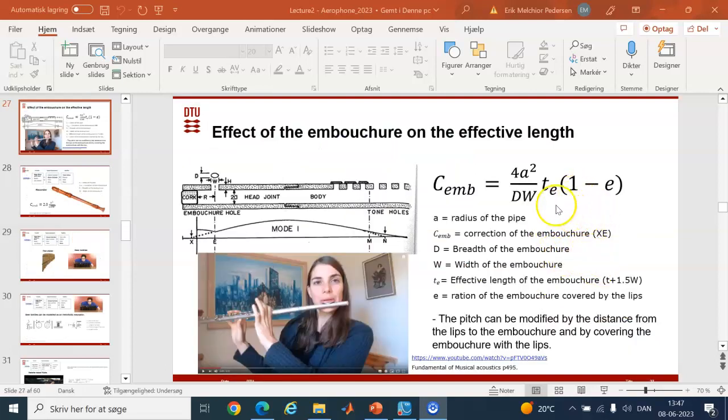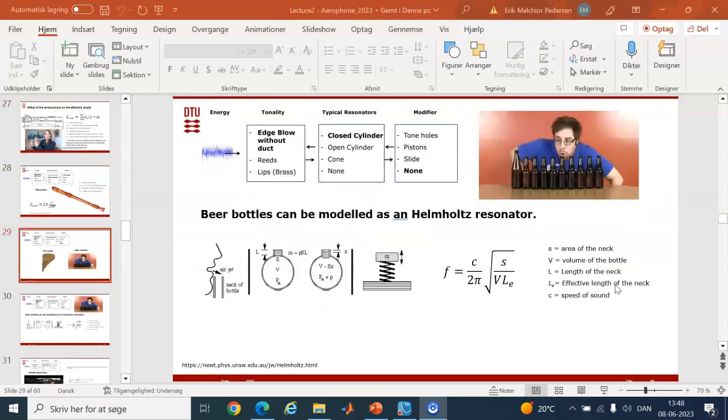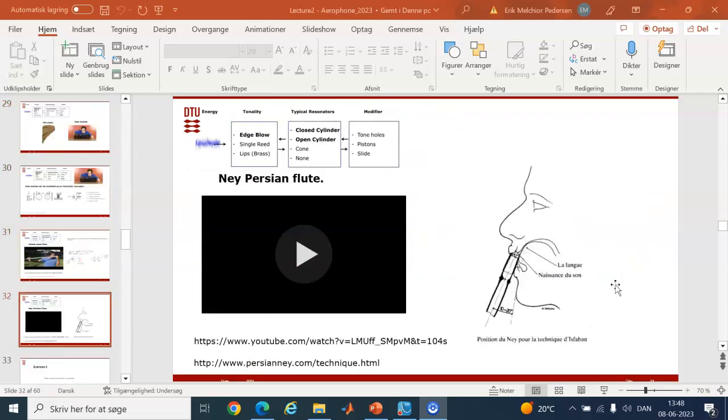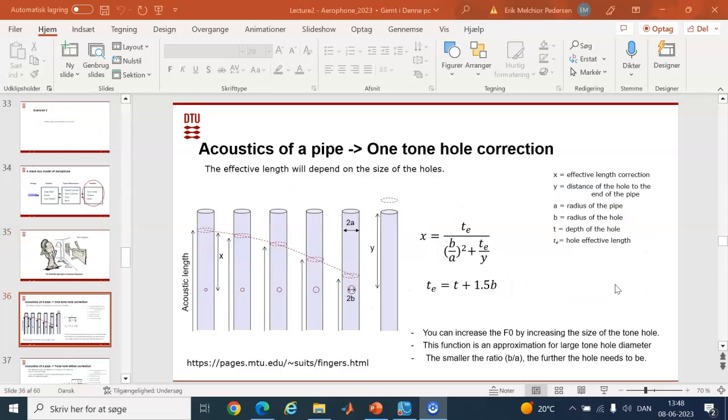TE, the effective length of the embouchure, is T plus 1.5 multiplied with W. T is the depth of the hole.